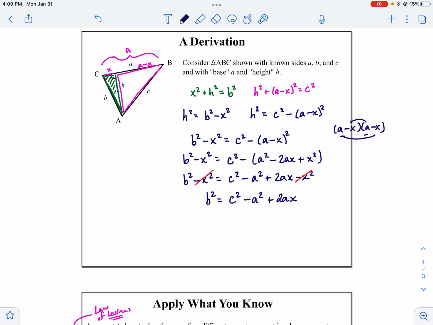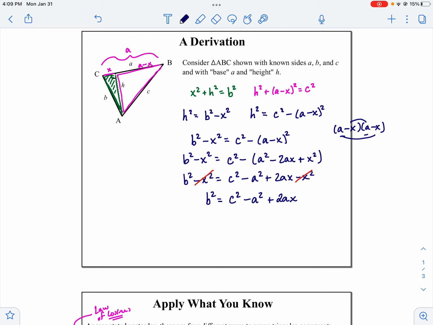Things have simplified quite a bit, but if I go back to my original triangle, I want to come up with a formula here that doesn't have x in it, because I don't typically know what x is. I normally am going to know the sides of the triangle, which would be a, b, and c. So one last thing to do is figure out how I can get rid of x.